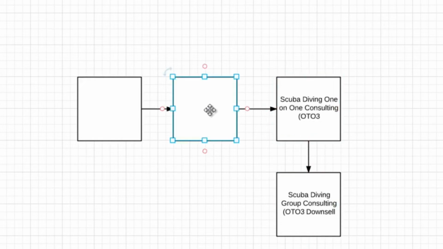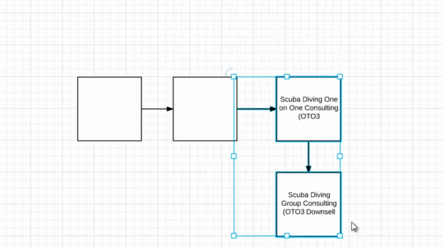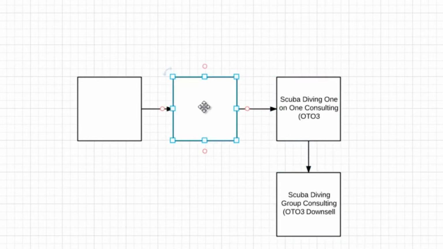Now, how can we best ultimately sell this OTO 3 here? Well, the best way to sell a service could be through a product, an information product, an ebook, a video course, something like that. So if your ultimate goal is to get them here, then similarly as the previous funnel, you could use a video course.